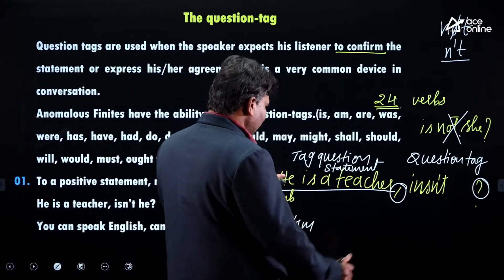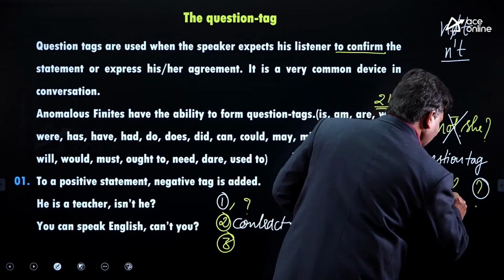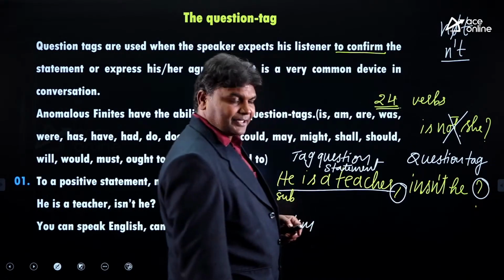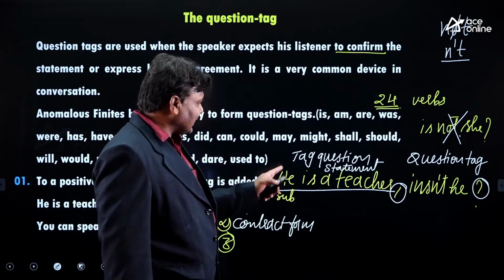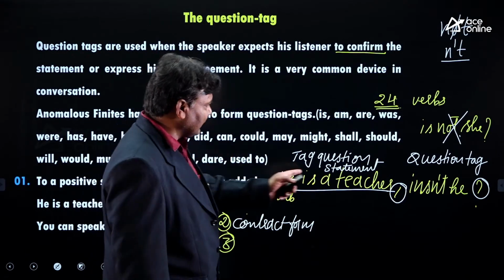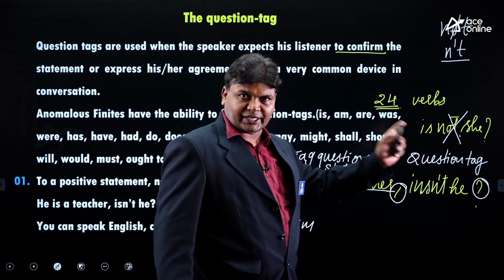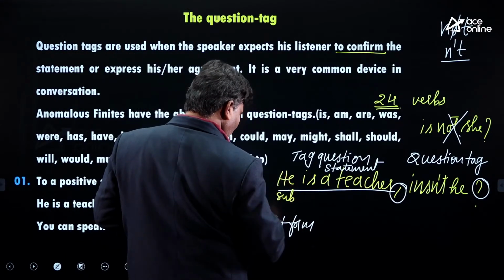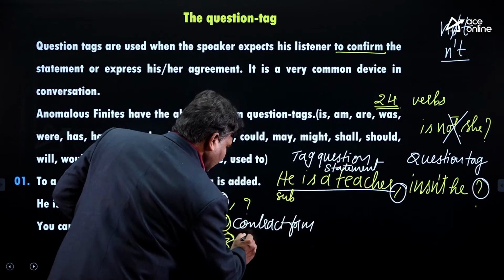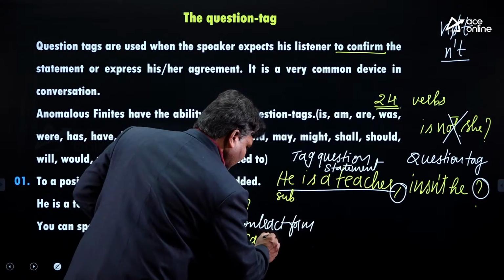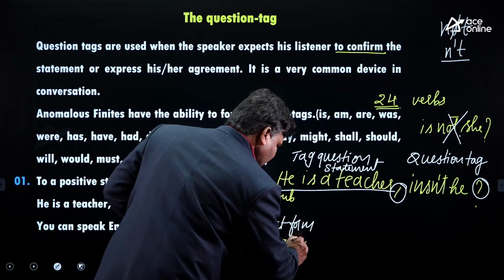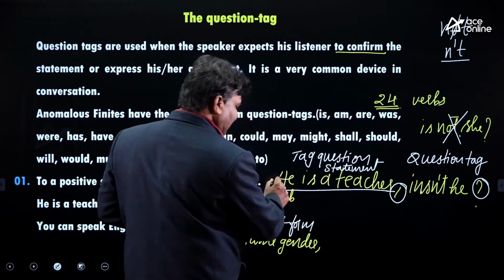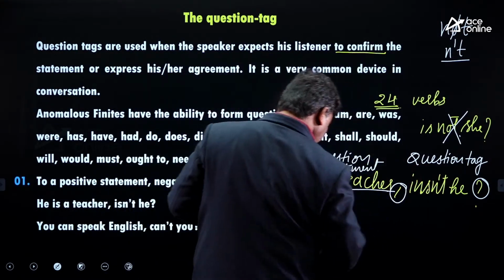So what should you say now? He is a teacher, isn't he? Only we have to say he, not she. So the subject of the tag question should be repeated in the question tag. The subject of the question tag should be the same gender, which means if it is masculine, it will be masculine.